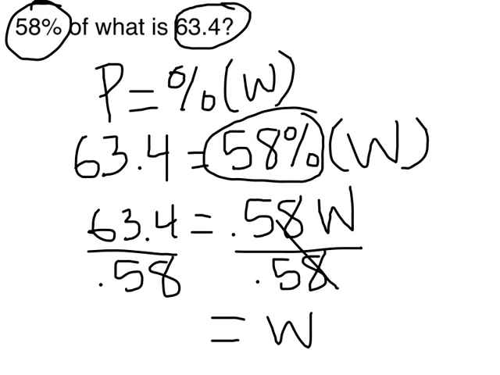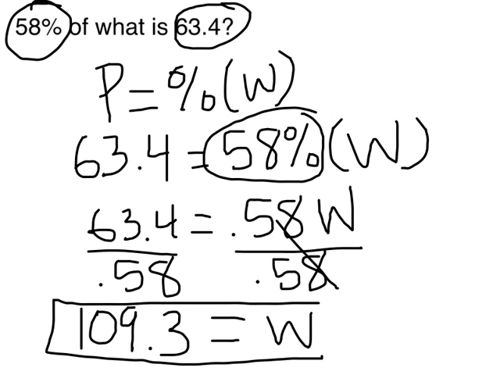So the whole becomes, and now you can pick up your calculator and type in 63.4 divided by 0.58. And you'll get that the whole is 109.3. When you're getting long decimals, you can just round after the first decimal point. That's totally fine.